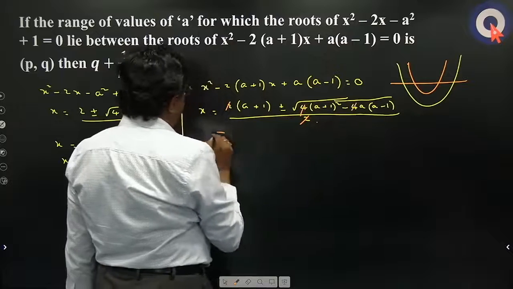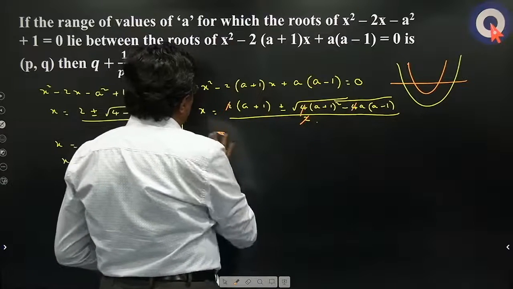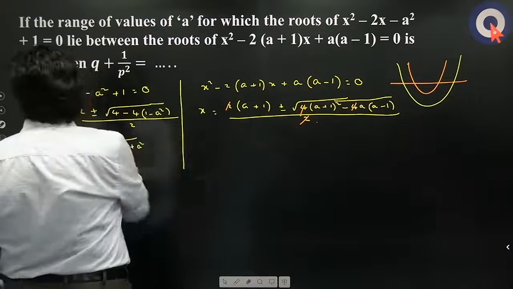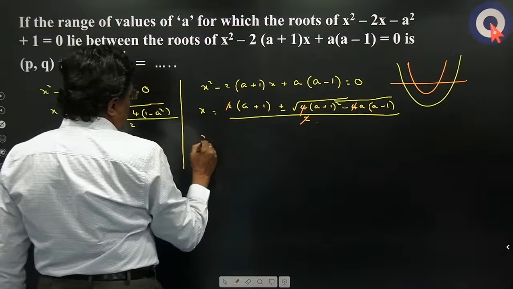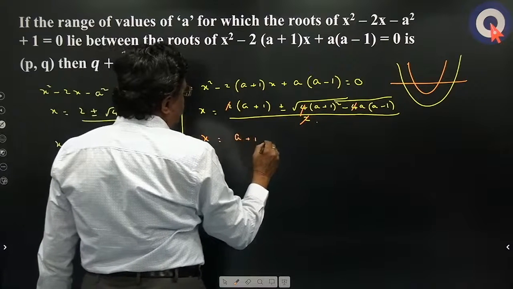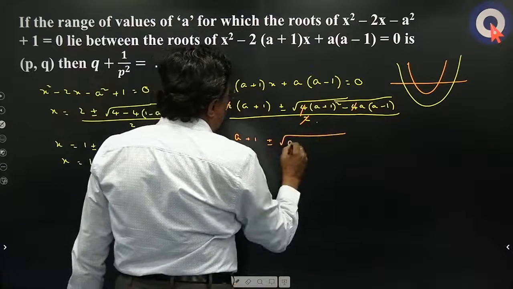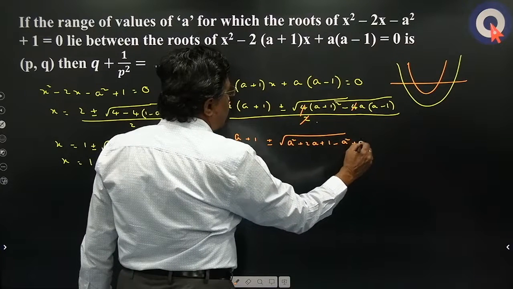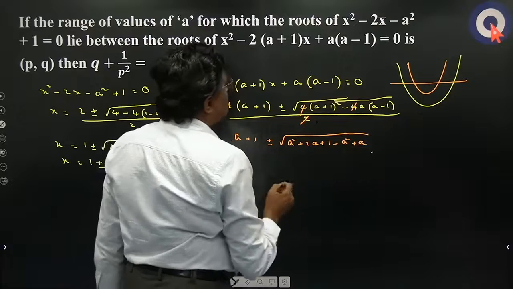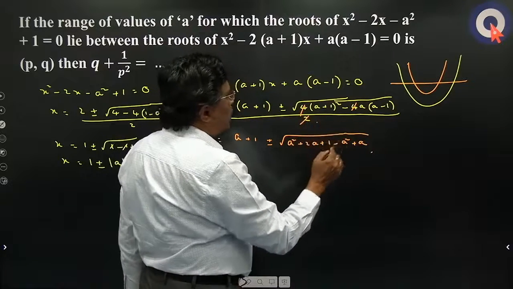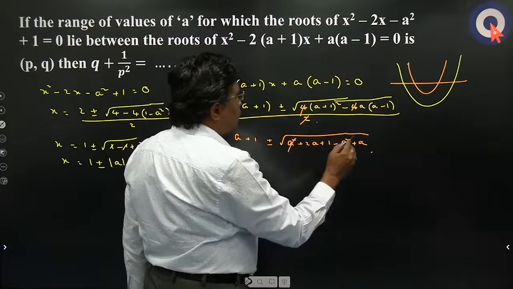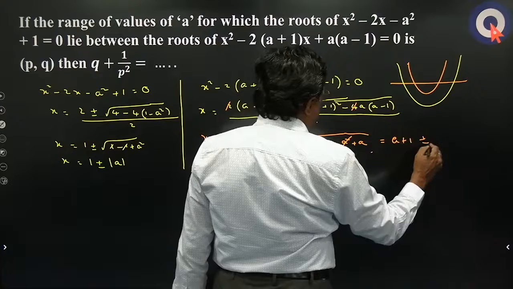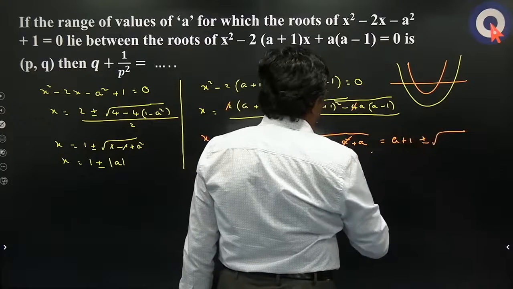So what we get here is x is equal to a plus 1 plus or minus root of a square plus 2a plus 1 minus a square plus a. So a square plus 2a plus 1 minus a square plus a, so this is cancelled. So what I get here is a plus 1 plus or minus root of 3a plus 1.